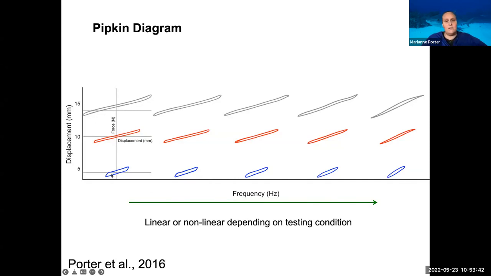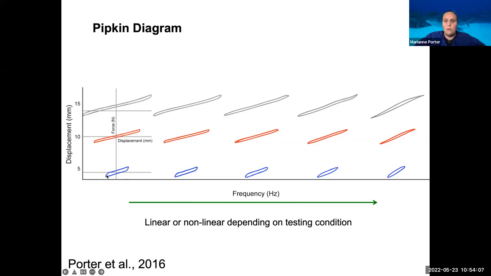Think of this as just a big matrix. Sometimes we have curves that look more linear. They're nice and kind of circular. But then sometimes we get these non-linear, again, I think of them as kind of C. elegans curves. And then over here in the red, we actually start to see some sort of capping off.